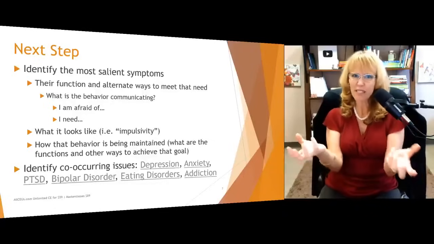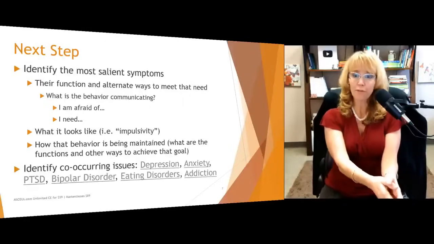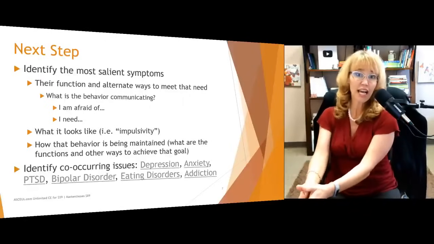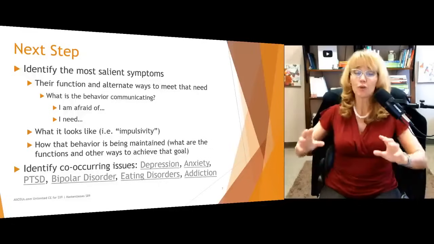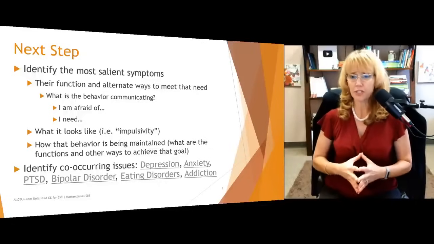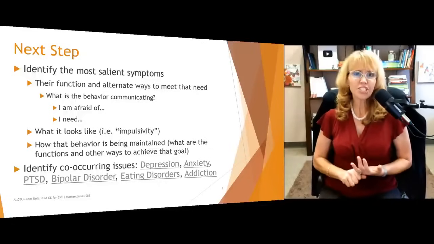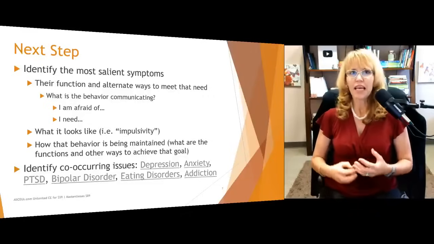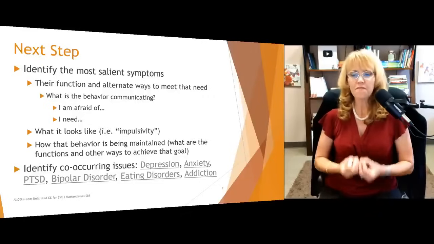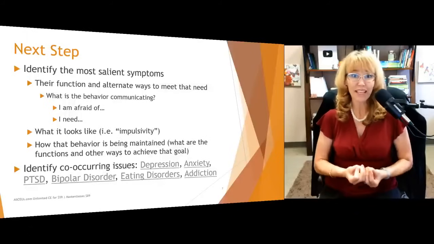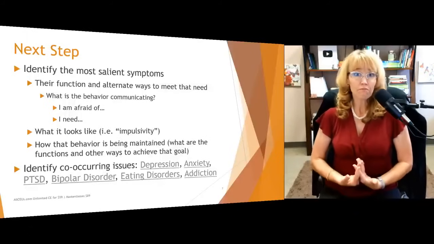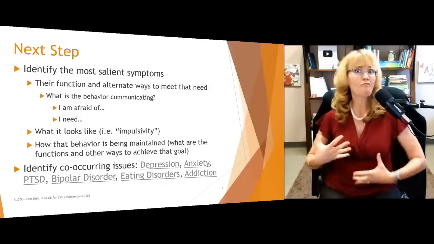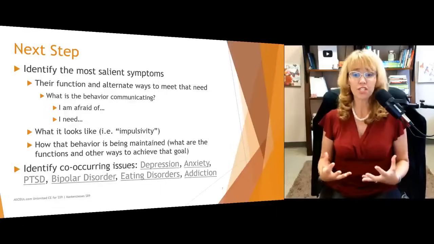So sometimes it's misdiagnosed as bipolar when it's actually depression and anxiety, and vice versa. So it is important to differentially diagnose. Addiction is often used as an escape mechanism. It's used to help the person feel in control of something or to numb that untenable, overwhelming emotional distress.